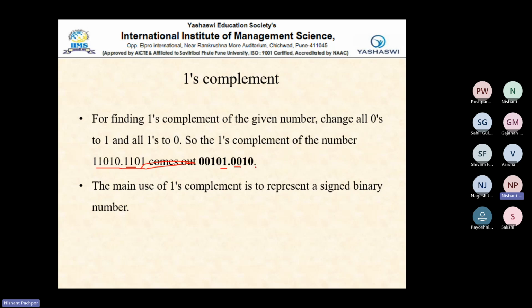Whatever number is given, invert it, and that number is called a ones complement. The main use of ones complement is the representation of signed numbers.